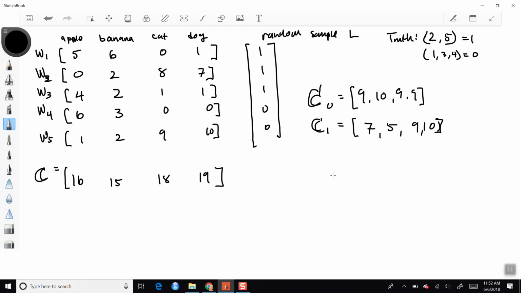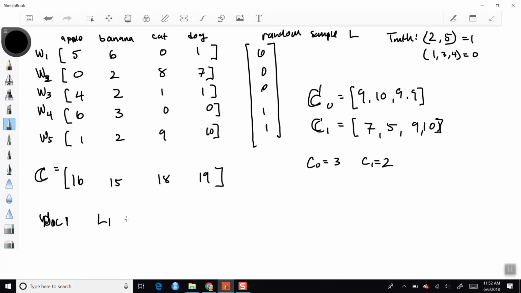But when we want to do doc 1, we want the label L1. I'm sorry, I did this part wrong here. This should be 0s and 1s: 0, 0, 0, 1, 1. We have 3 in corpus 0 and 2 in corpus 1.